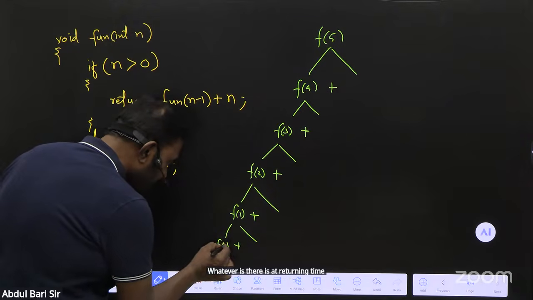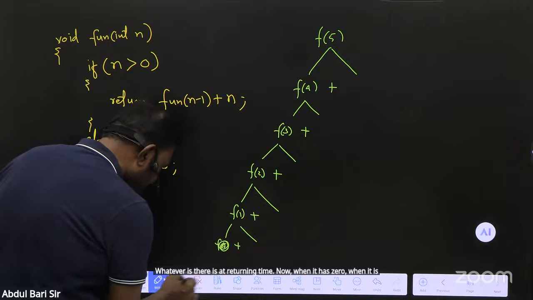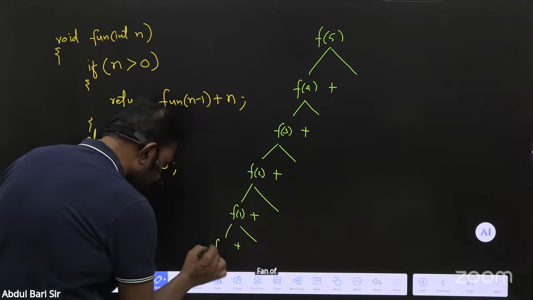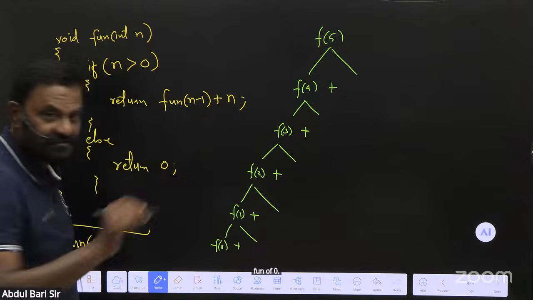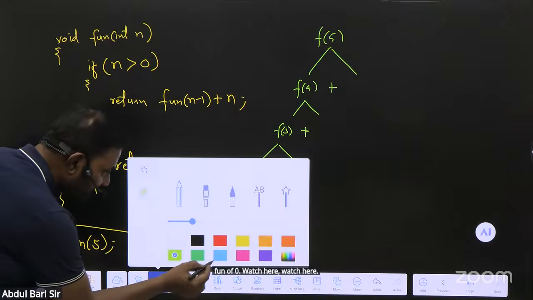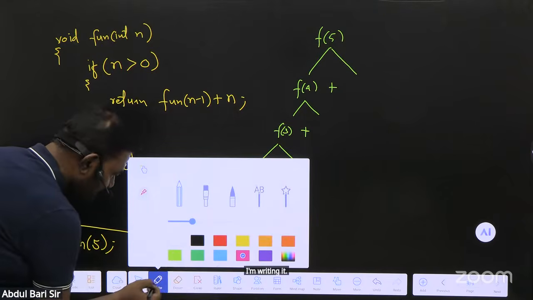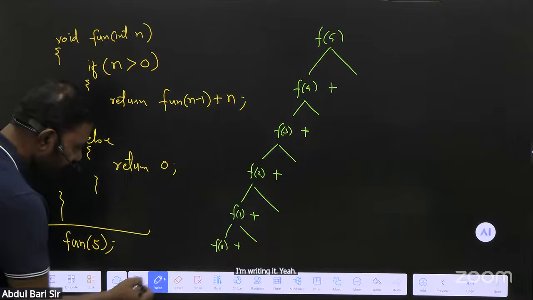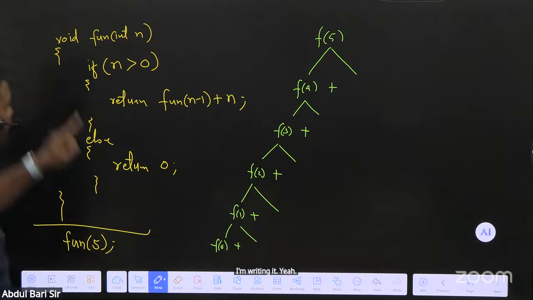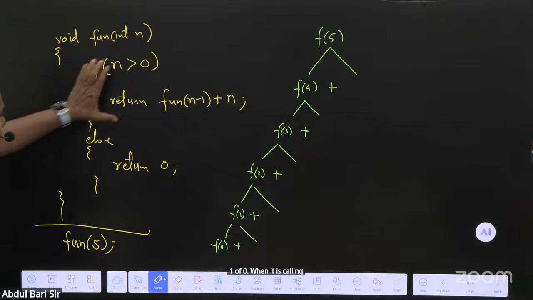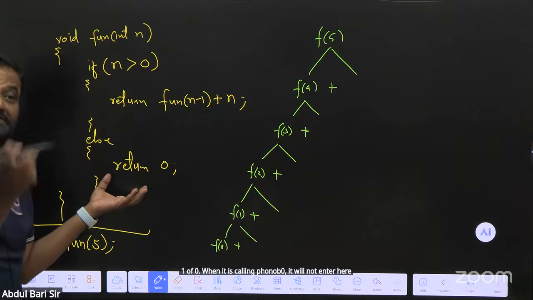Now, when it is 0, fun of 0, watch here. I'm writing it. Fun of 0. When it is calling fun of 0, it will not enter here and returns 0.